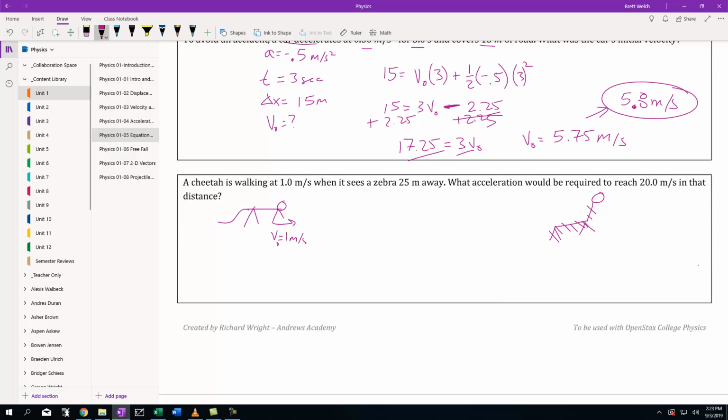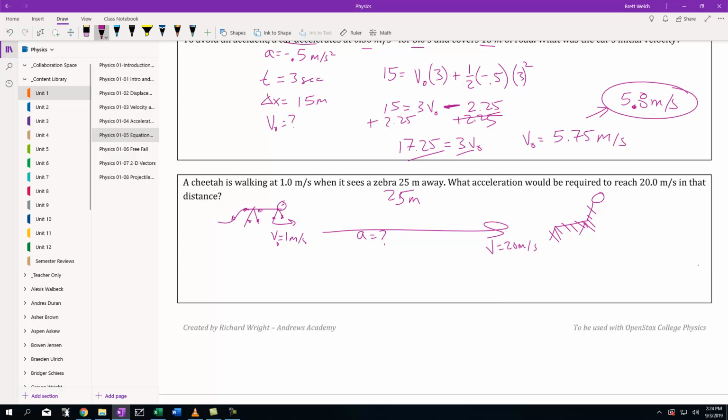See there, you can see the stripes. Okay, sees a zebra 25 meters away and takes off. The question is, what's the acceleration required so that at the end it's traveling 20 meters per second?